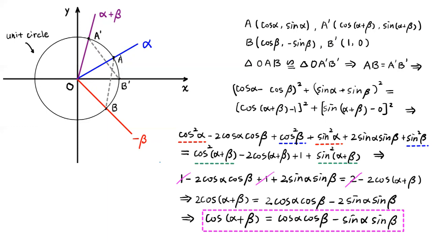So in this way, we can prove that for any angle alpha and beta, this is a trigonometric identity, okay? Please have a look at this and write this formula down in your notebook, because this is the foundation for us to prove the other compound angle formulas.